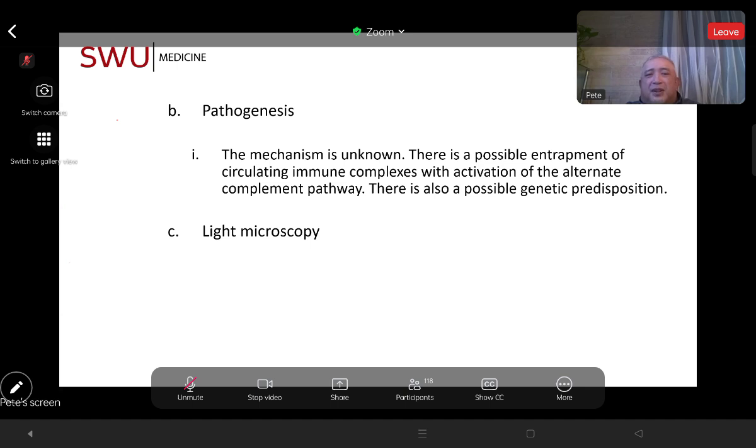There is possible entrapment of circulating immune complexes, and the immune globulin that is affected is your IgA. Light microscopy, the result is variable. So again, this is not important. There might be normal or mesangial proliferation.